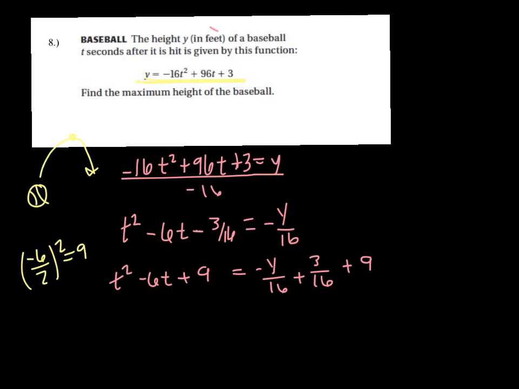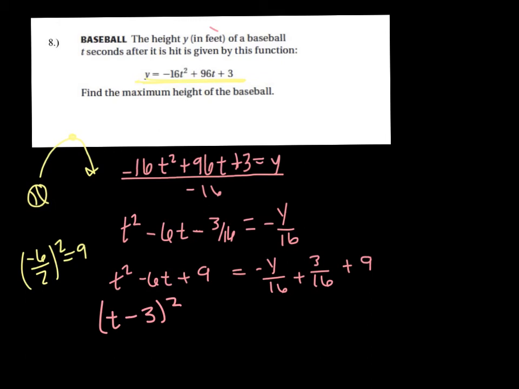So I'm going to make this t minus 3 squared. Now, on the right-hand side, I'm going to make 9 into 16ths so that we can add 3 16ths plus 9. So 9 times 16 is 144.